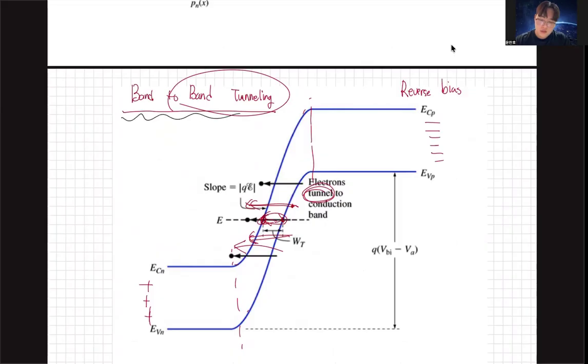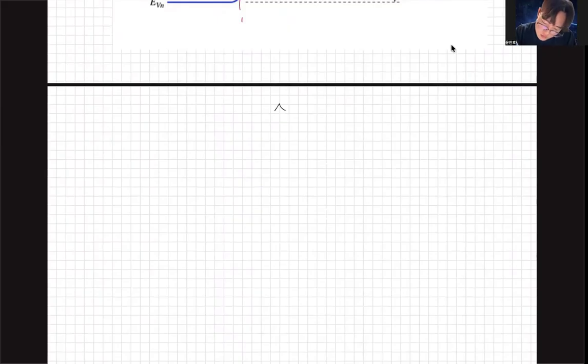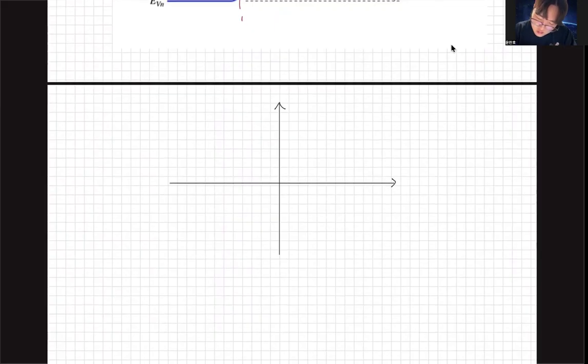We can call this Zener tunneling. Okay, here, the y-axis is current and the x-axis is voltage.